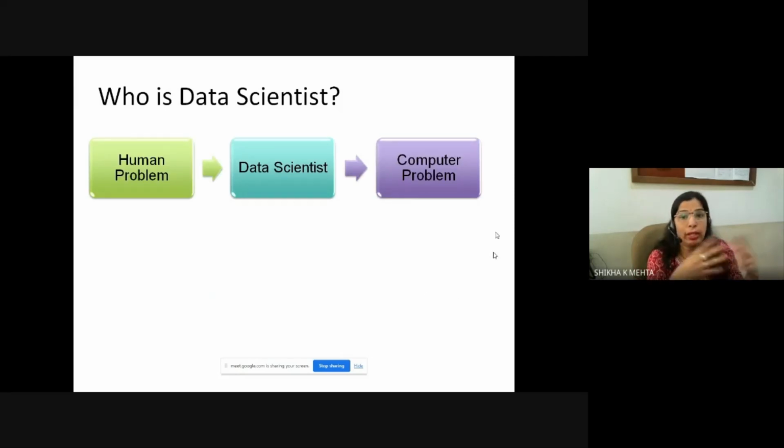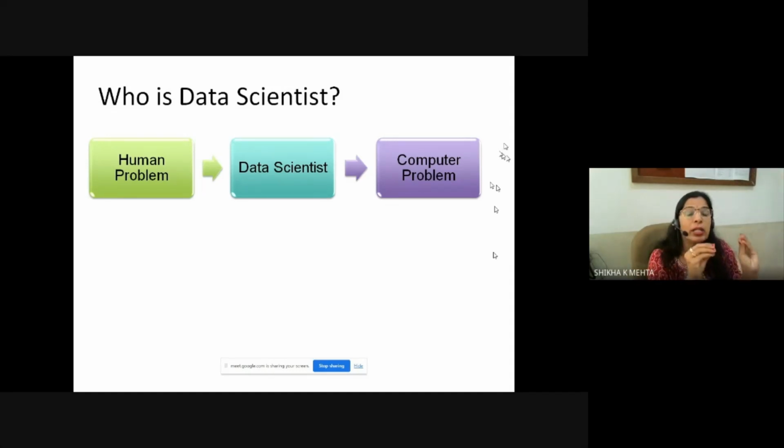What I learned from the various studies is, a data scientist is a person who is able to transform a human problem into a computer problem. When we studied the process of data science, we talked about business understanding. The person who is handling the business need not be a technologist or understand the technology.